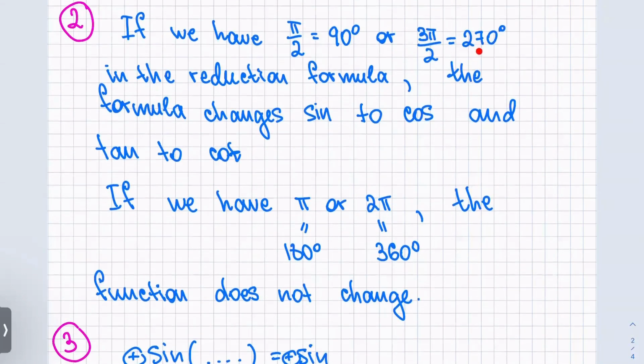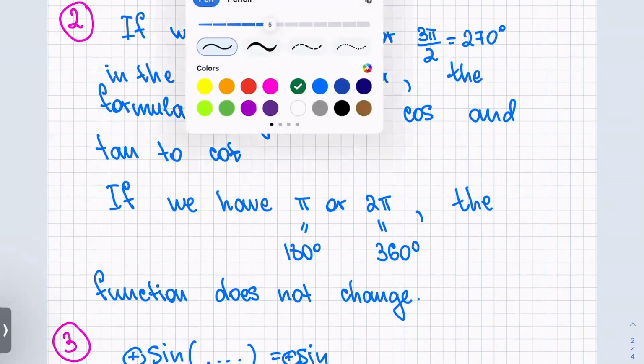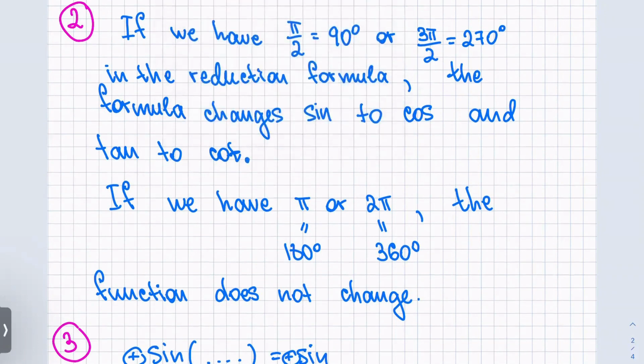If we have 270 degrees, in the reduction formula, the formula changes from sine to cosine and from tangent to cotangent. So in our case, dear students, we have the cotangent value. So it means that the formula has to change to tangent.